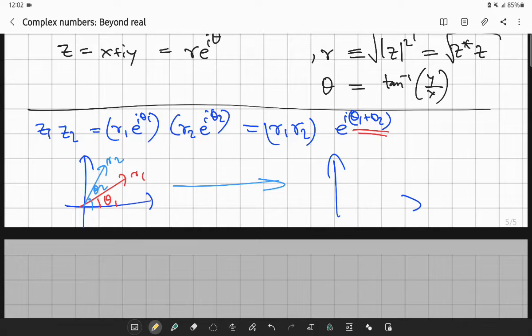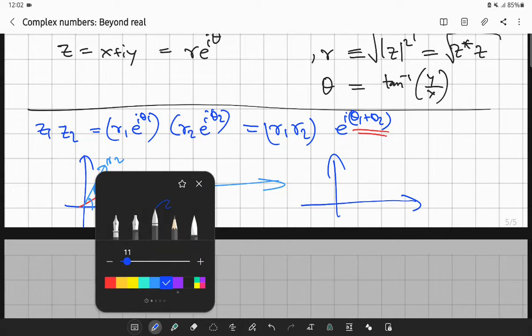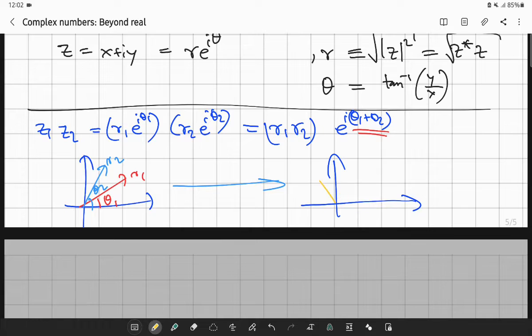Let's imagine that the length is not perfectly to scale. I'll have a vector going like this. This is theta 1 plus theta 2, and this length is r1 r2. So in a way, multiplying complex numbers is like transforming a vector, like rotating it by some amount plus stretching it.